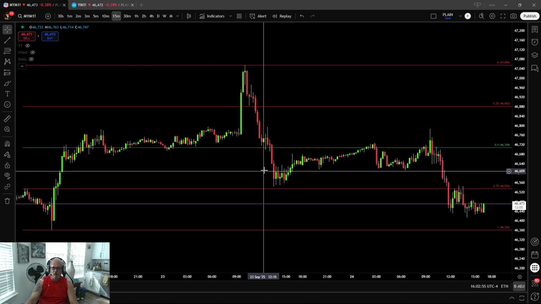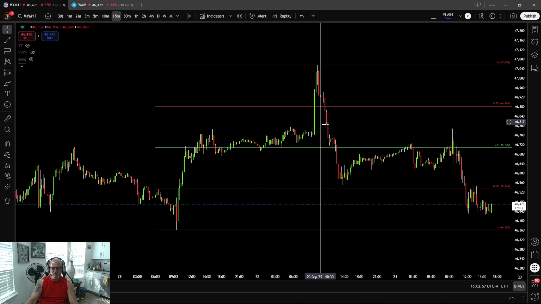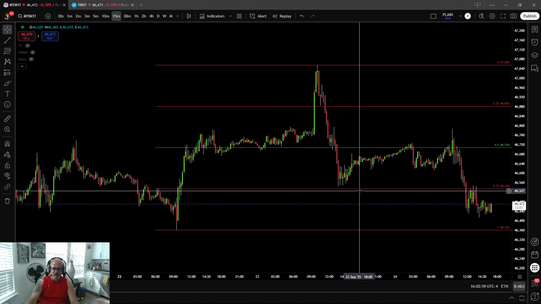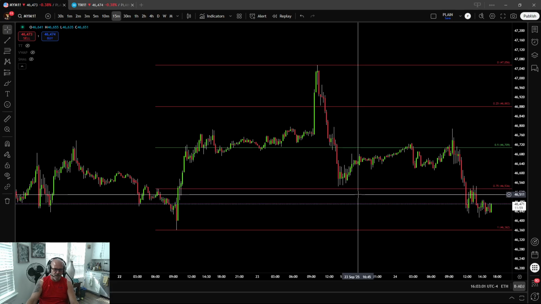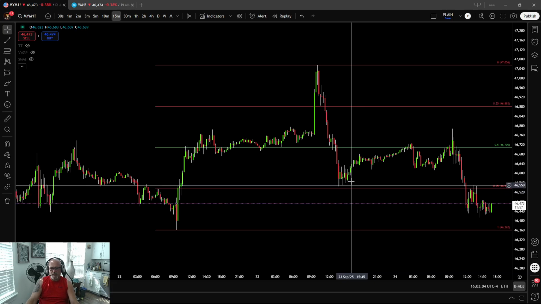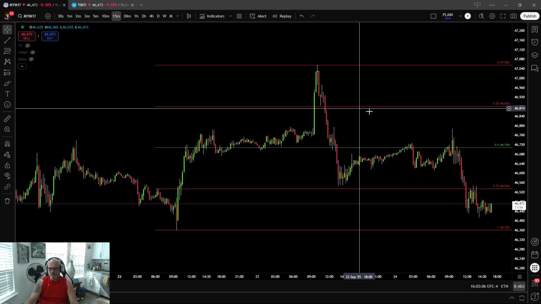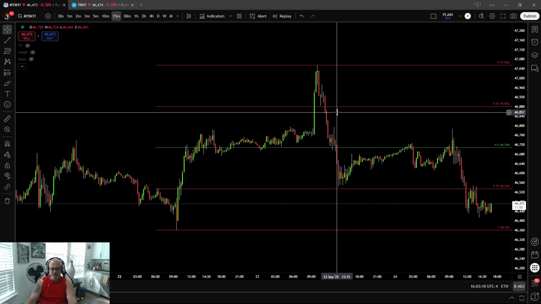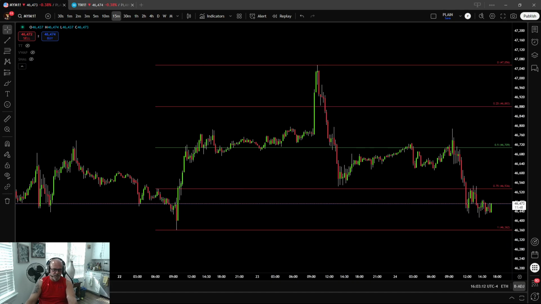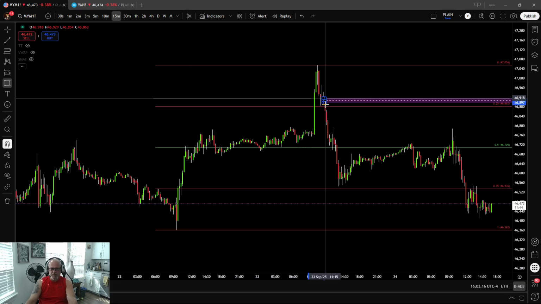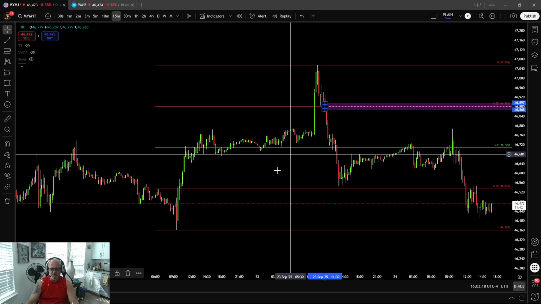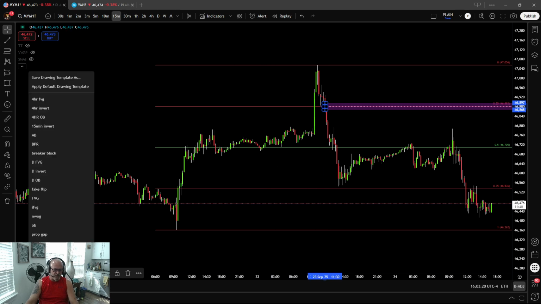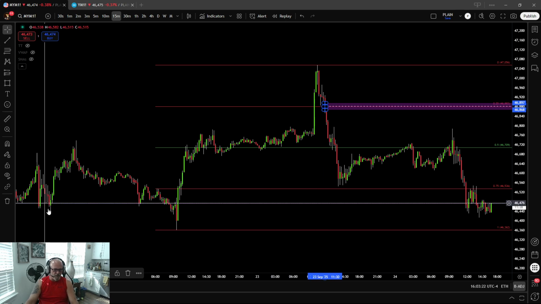So what I want to look for here, once we started this pullback, is I'm looking for fair value gaps at specific levels. Okay. And you can see at the 25 DRT level on the 15-minute chart, we have ourselves a fair value gap. So I would mark out that fair value gap because this is going to be important later when price comes back up to that area, right?